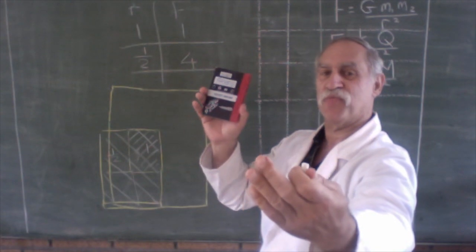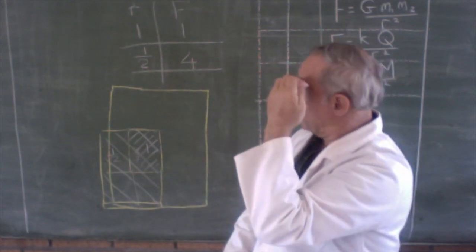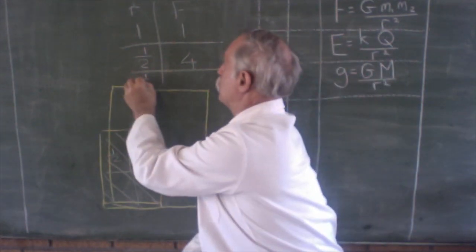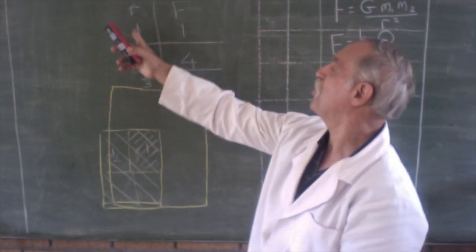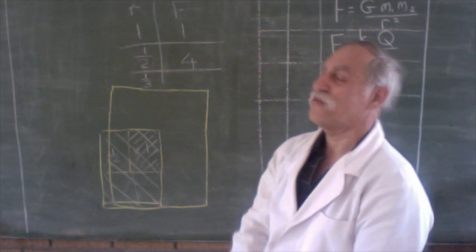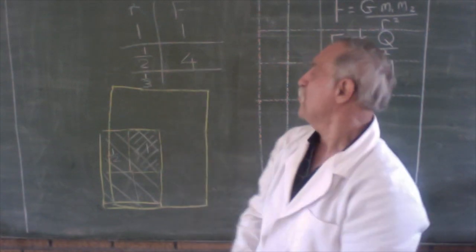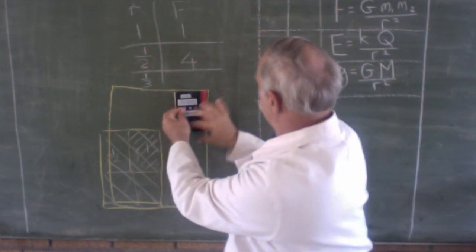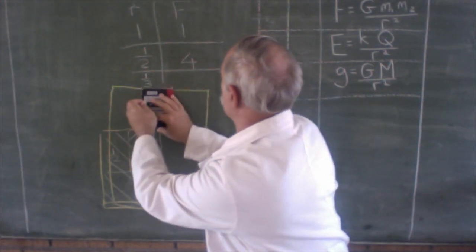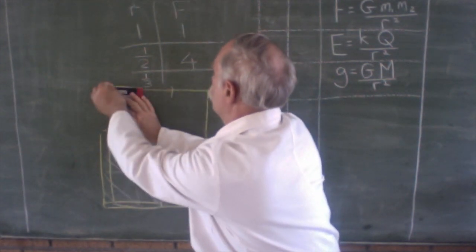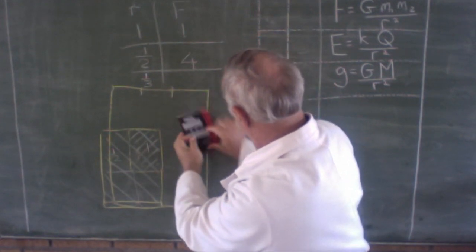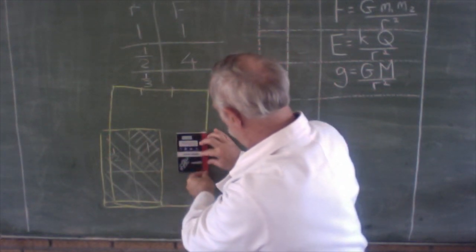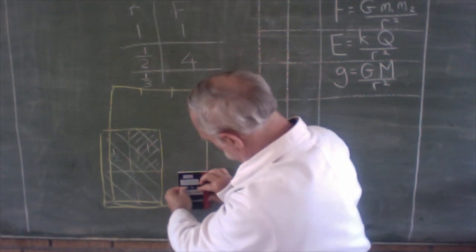And then when we moved the book to 1/3 of its original distance, when R, that's 1/3 of a meter, we found that this had increased by 1, 2, 3 books, and 1, 2, 3.